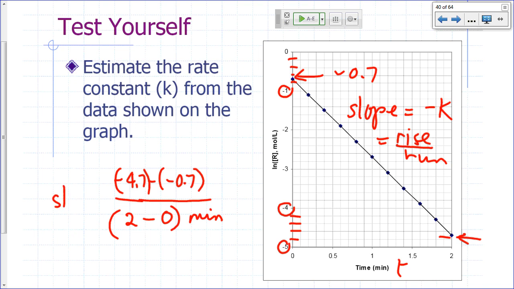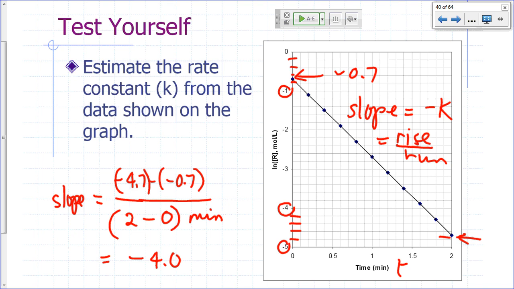That's your slope. And what would that number be? Negative 4.7 minus negative 0.7 is how much? Negative 4.0. And what's the unit for the numerator?